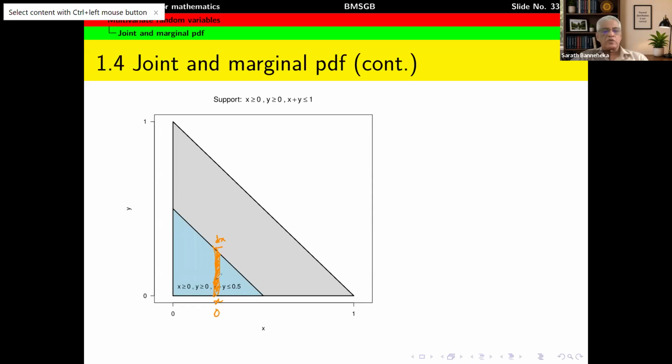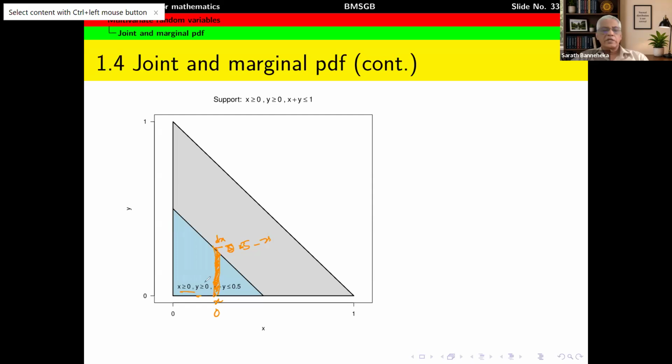Here y is equal to 0. Here y is equal to 0.5 minus x. Right? When the value is x here, y is equal to 0 at this point, y equal to 0.5 minus x at this point. So I'll have to integrate first the joint density with respect to y from 0 to 0.5 minus x.